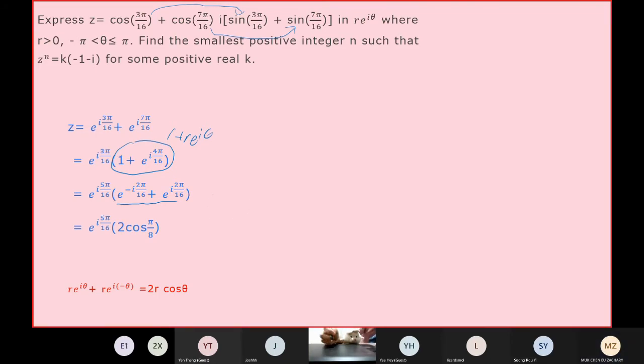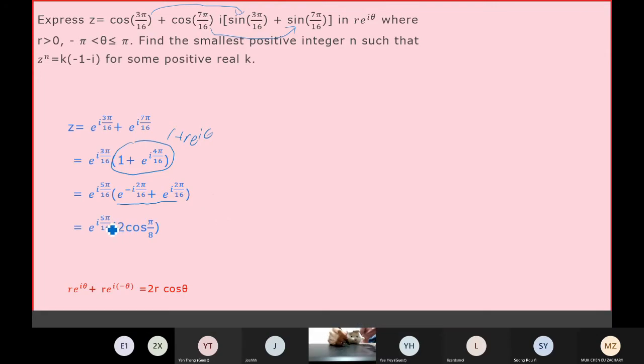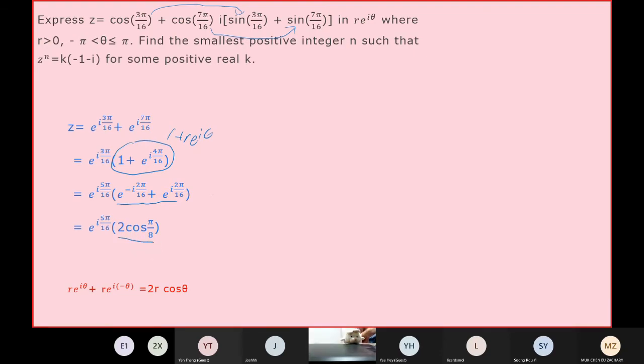So we have our theta as 5 pi over 16, and our modulus is 2 cosine pi over 8. Alternatively, if you are familiar with this technique, we can straightaway jump to here, the average angle trick.